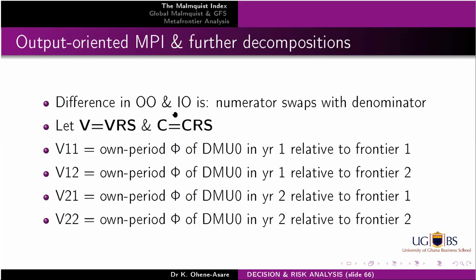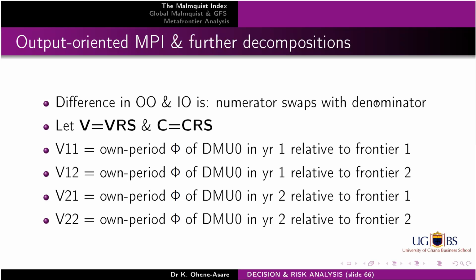Keep note: OO is output orientation, IO is input orientation. And always remember that the numerator will swap with the denominator when it comes to output and input orientation. So if it is an output orientation, the numerator will come down, the denominator will go up for the input orientation. So it's always a swap.